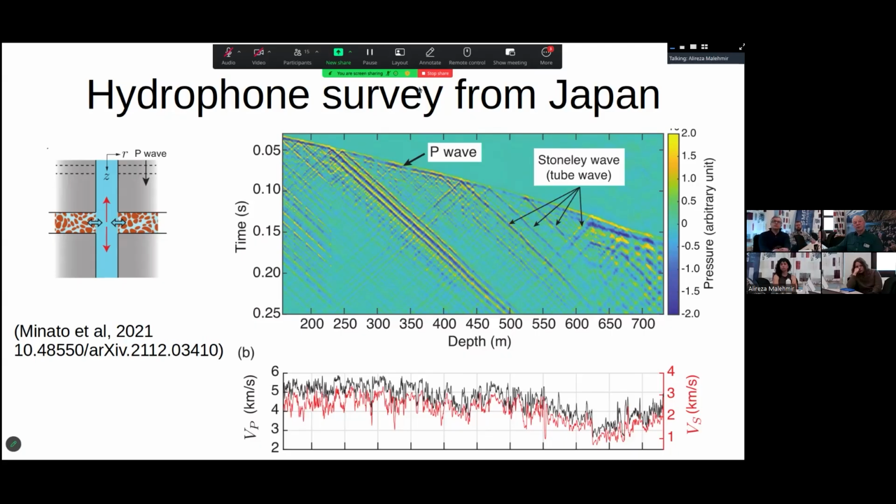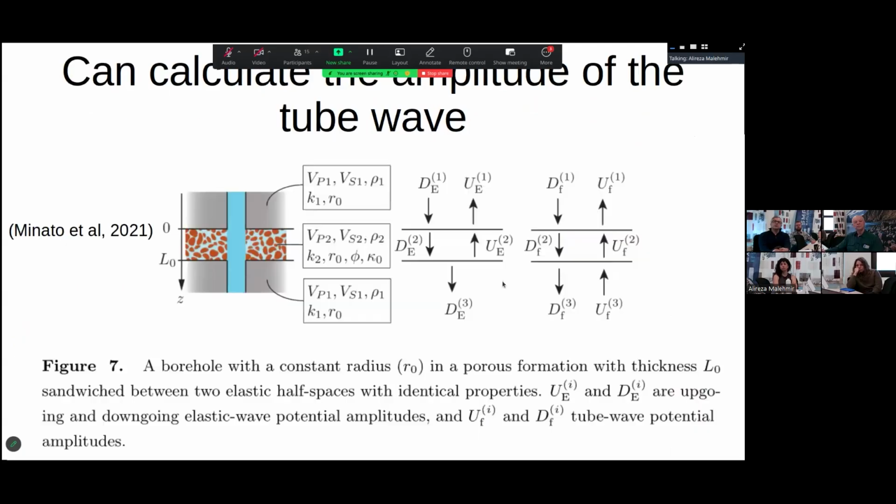So a downgoing P wave hits the borehole and generates tube waves. And one can set up a model to describe what the amplitude of these tube waves should be if we know something about the material properties or the media properties. In the elastic media in the rock, we'll have downgoing and upgoing waves that are propagating within the rock.